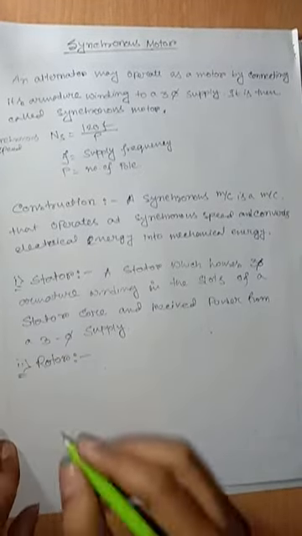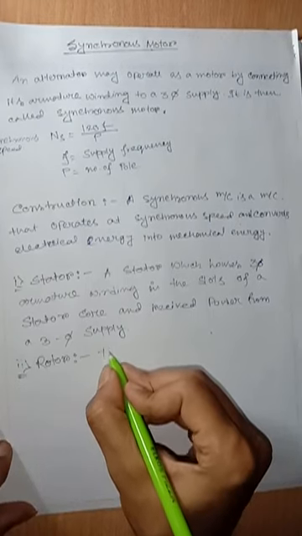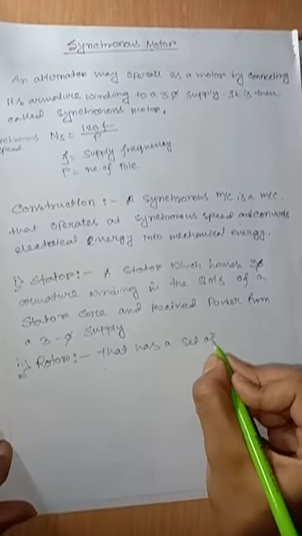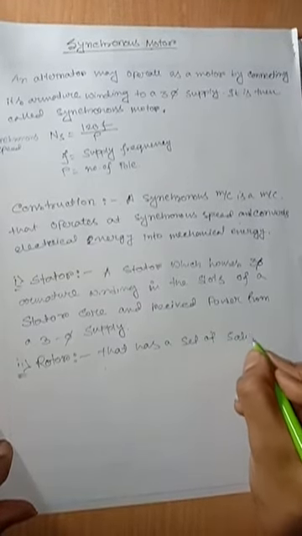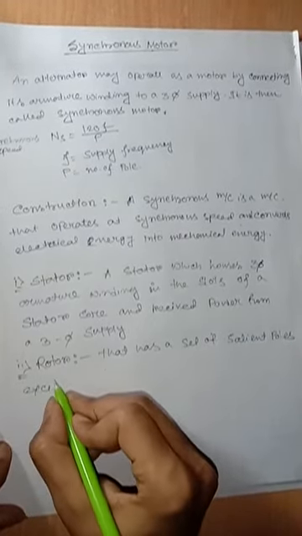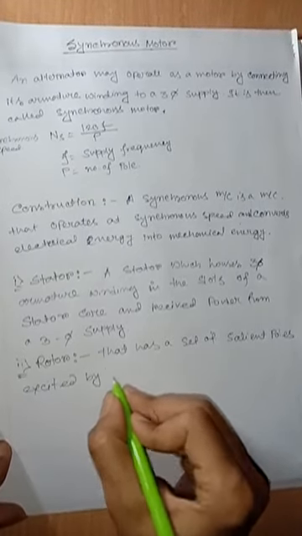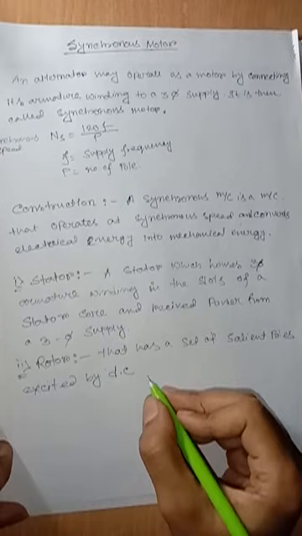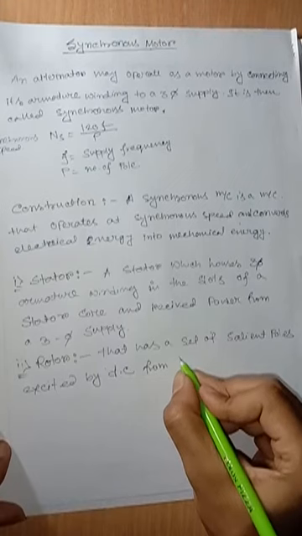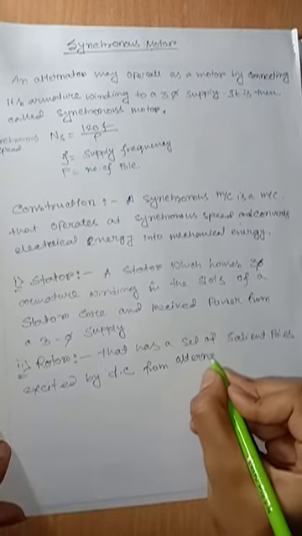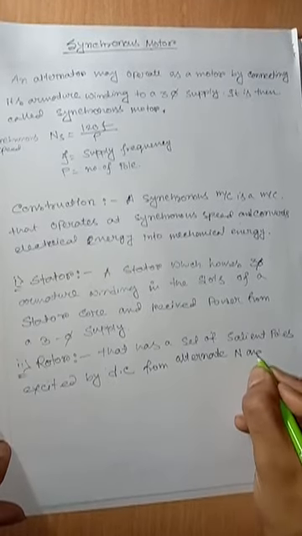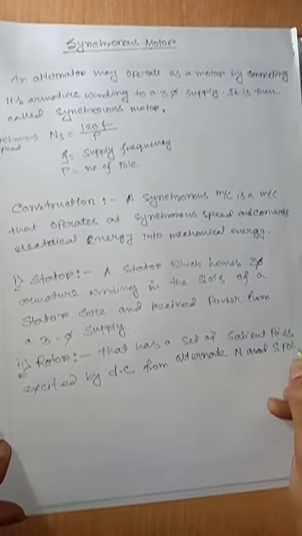The rotor has a set of salient poles excited by DC, so it is excited by direct current, with alternate N and S poles.